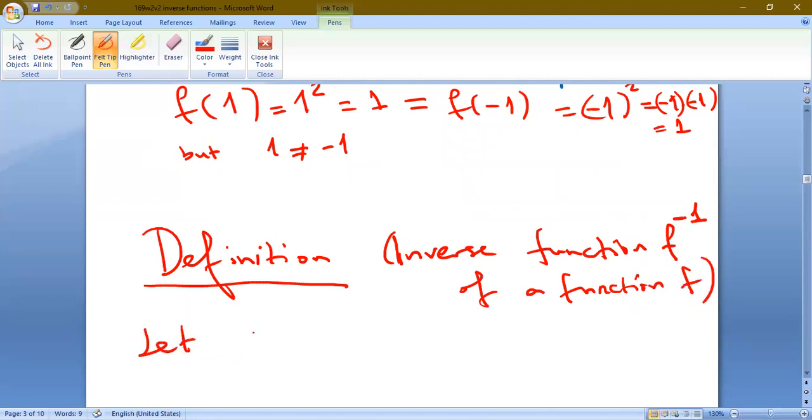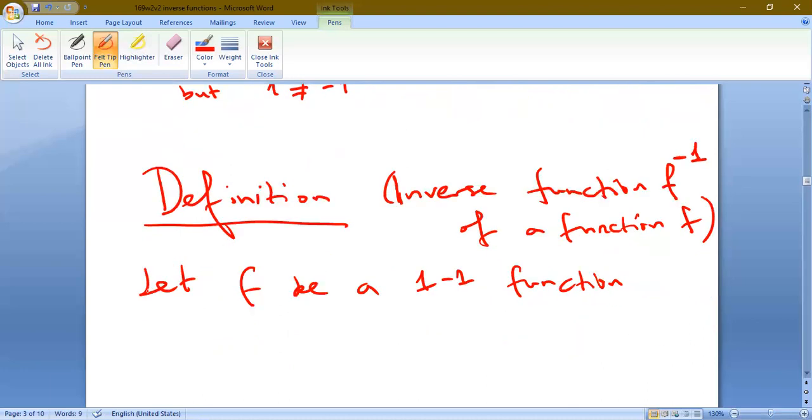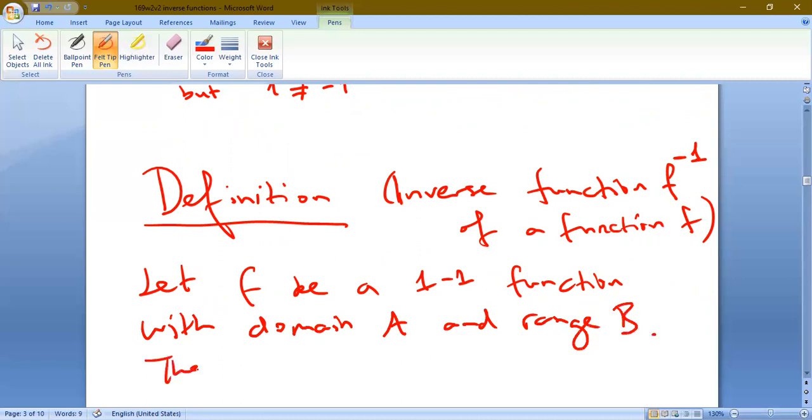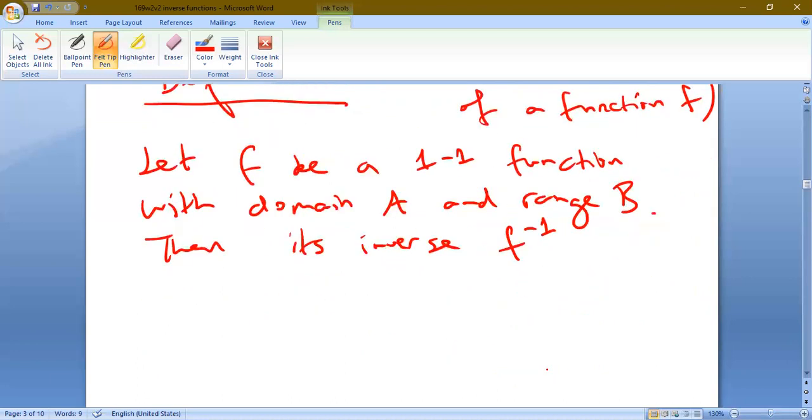So let's say f is a one-to-one function with domain A and range B, then its inverse, which is denoted by f to the minus 1, which means inverse of f, not 1 over f, by the way. This is just the notation for inverse function. If you see f to the minus 1, that is the inverse of the f function.